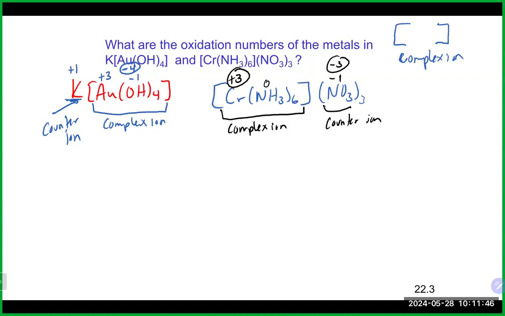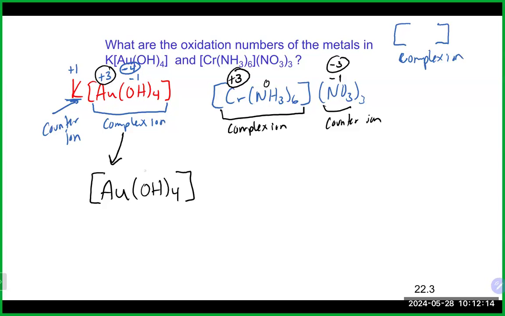First off, any questions on assigning those oxidation states there? Now, when we look at just the complex ion part here, what is the charge on the complex ion in this case? The overall charge on the complex ion is?